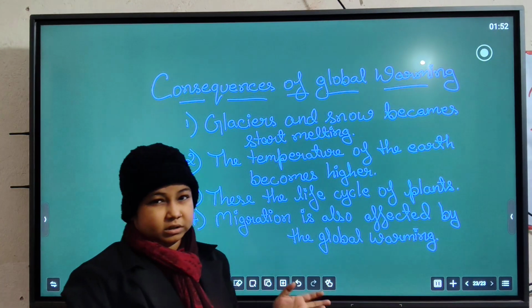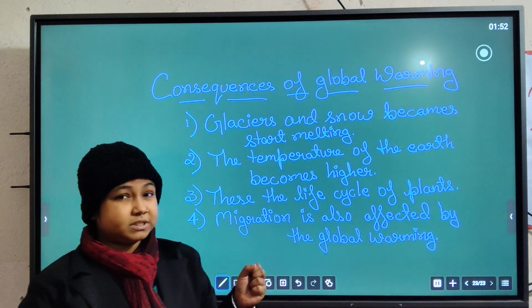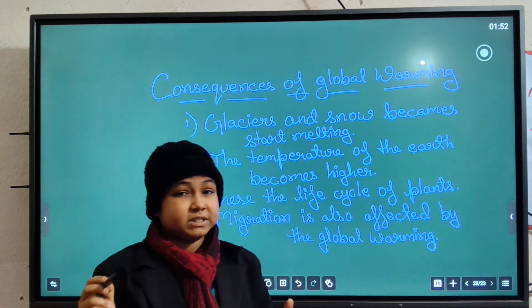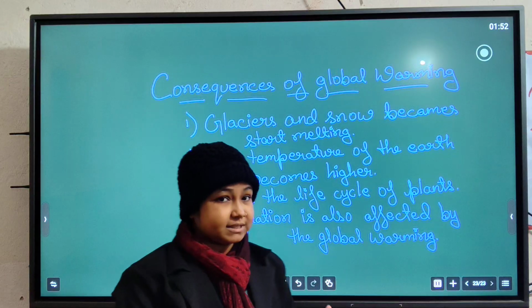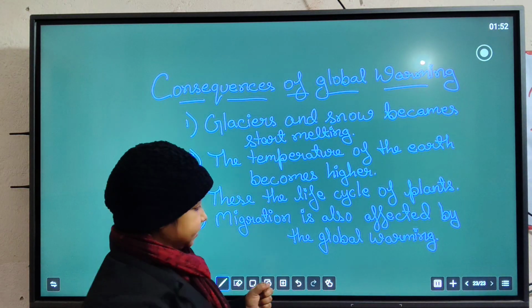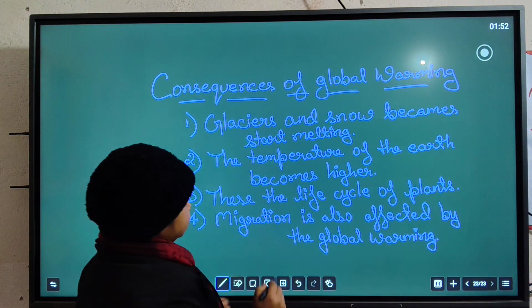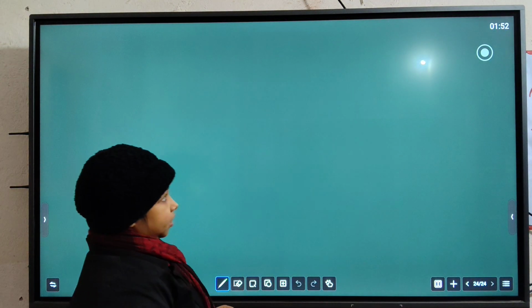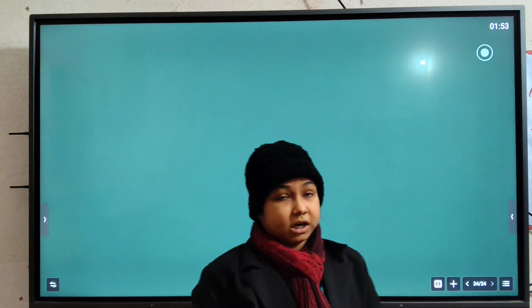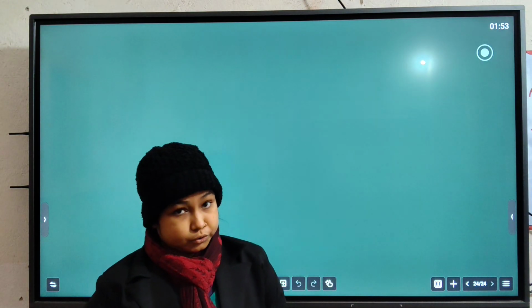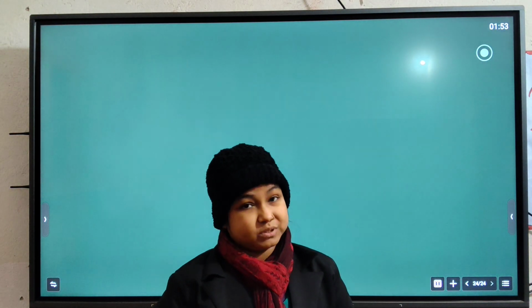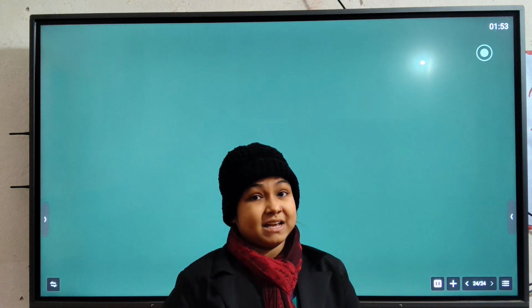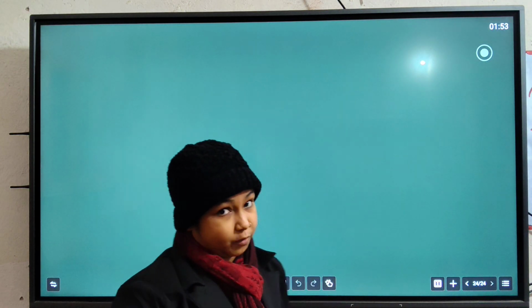Many more things happen due to global warming, due to these undesirable changes in our earth's atmosphere. So we have studied the consequences of global warming. Now we will study what we should do to reduce global warming and save our earth and environment.